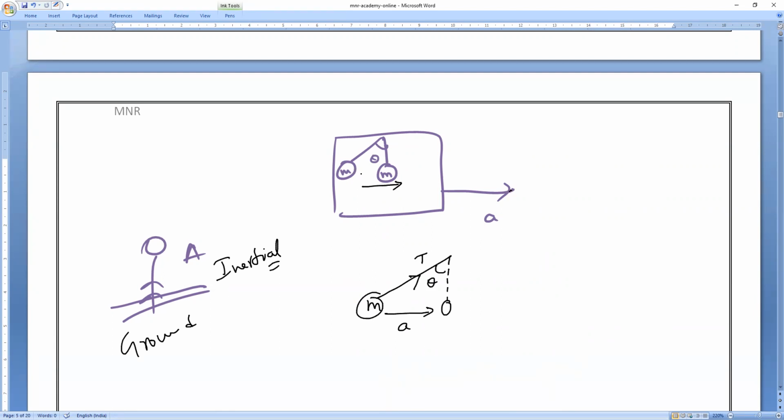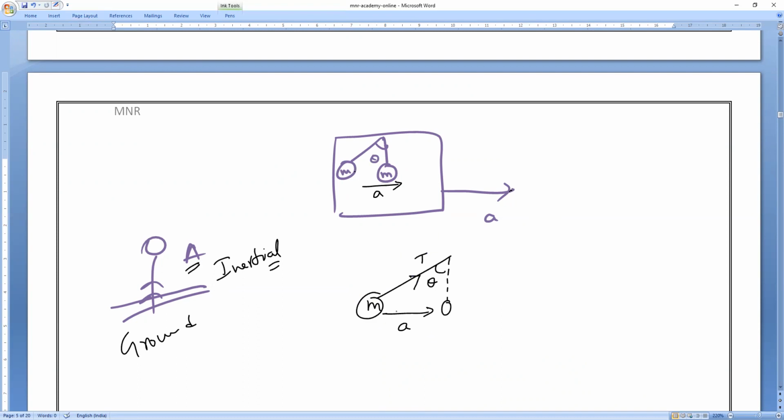Am I right or wrong? Yes, the acceleration of the mass appears to be in the same direction as the car.